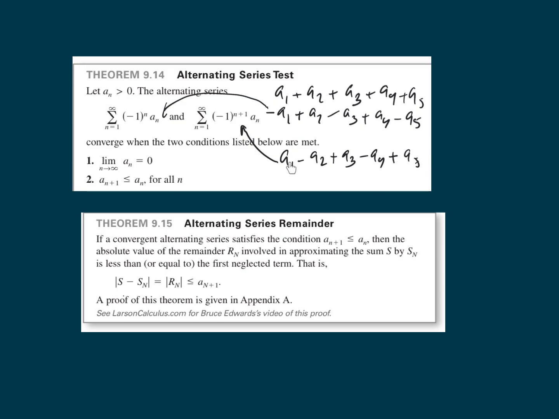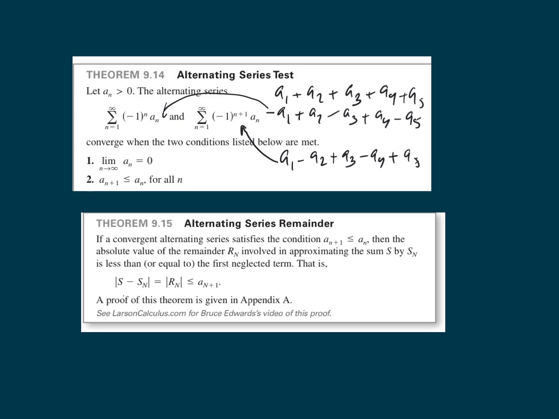If you make the sum with your calculator, how far are you from the real answer? The error is always smaller than the following term, A6. So the value of the following term bounds the error.